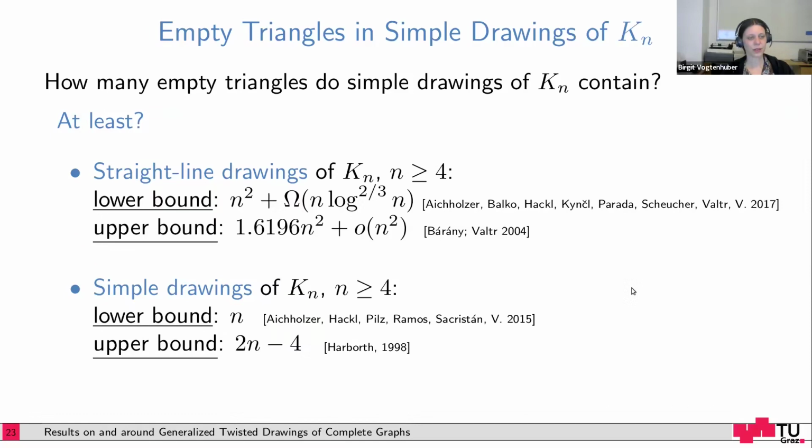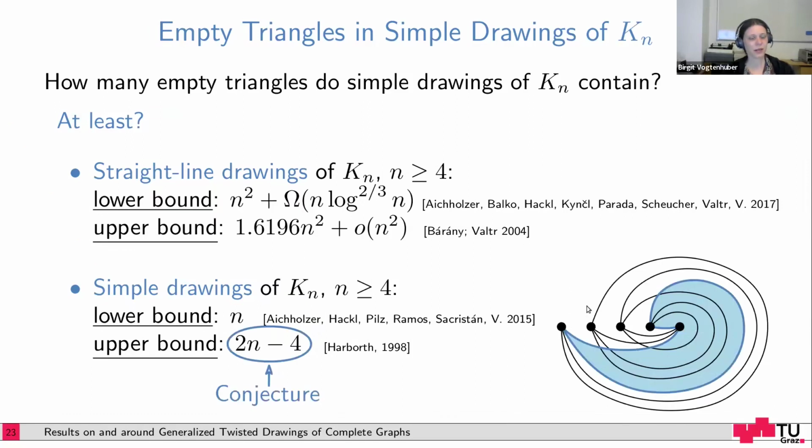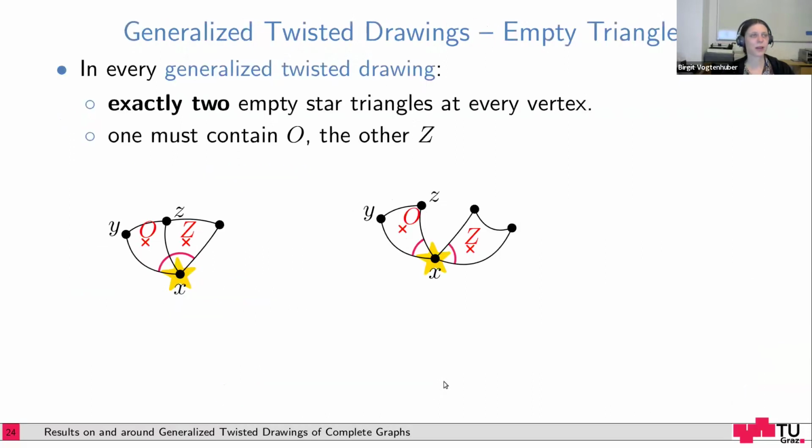Now, we wondered whether we can say something about the number of empty triangles in generalized twisted drawings. And especially, we wondered whether we can prove this conjecture for generalized twisted drawings, at least if we can't prove it for all simple drawings of complete graphs.